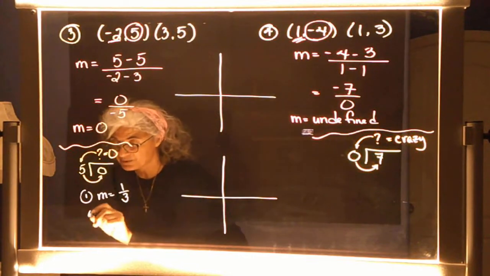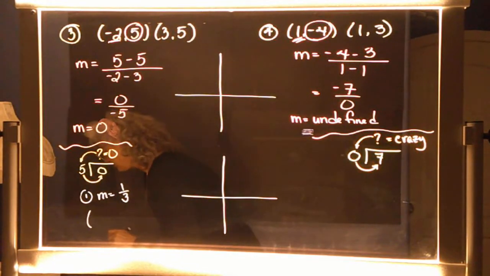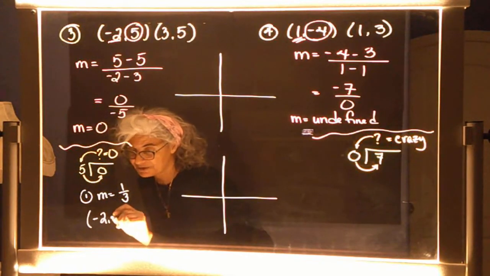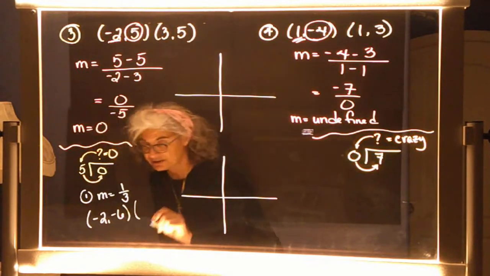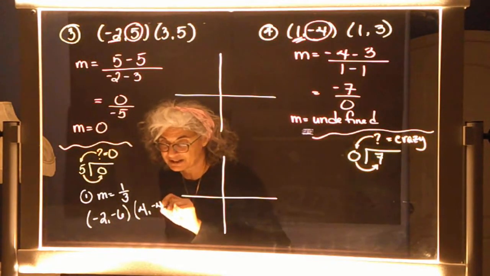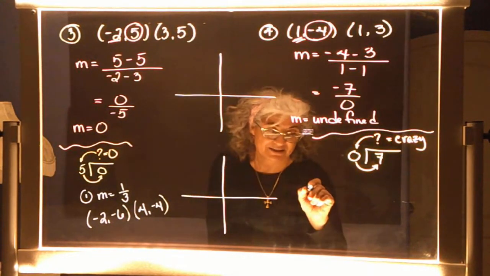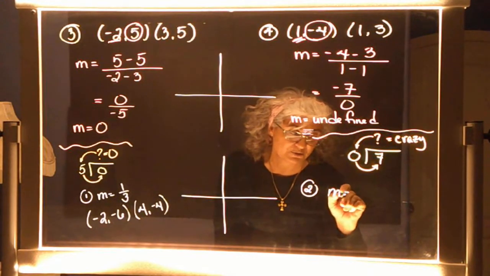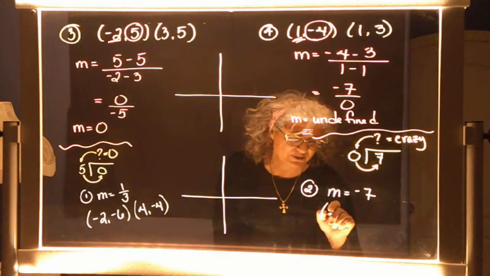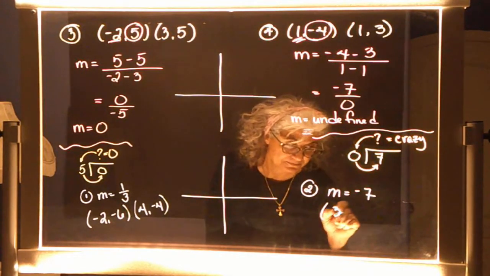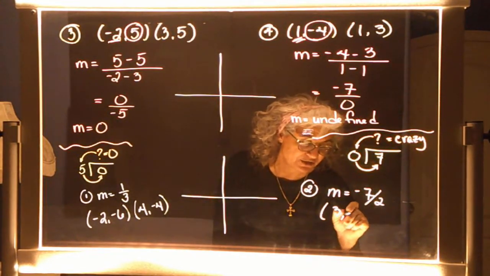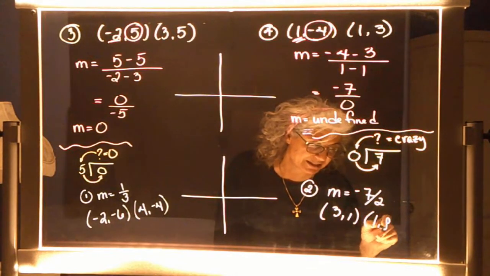And the points that we had for that particular problem were -2, -6, and +4, -4. And the second problem, we ended up with a slope of -7, and we had the points 3, 1, pardon me, that's -7 over 2, 3, 1, and then 1, 8.